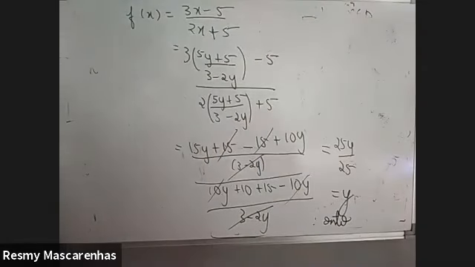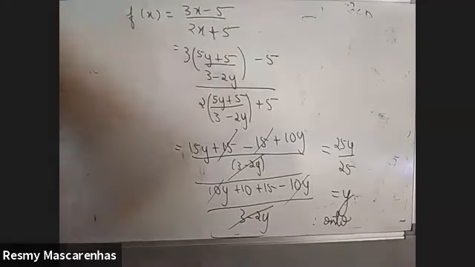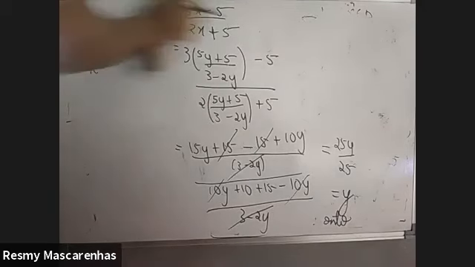Okay, so what I've done is taken f of x, put the value of x at both the places, and you have to show the answer as y. So just cross multiply, okay, and simplify. So since it is 1 to 1 and onto, therefore invertible.